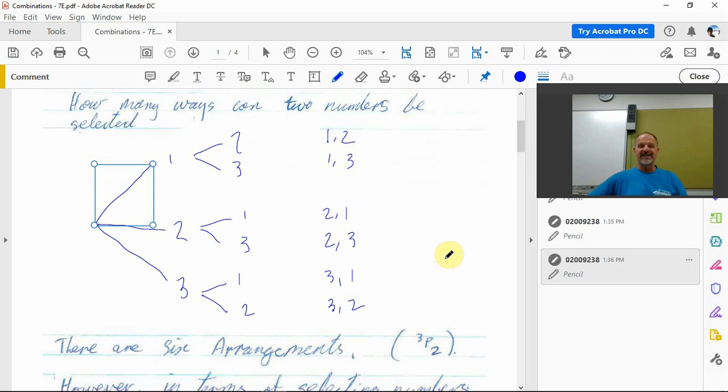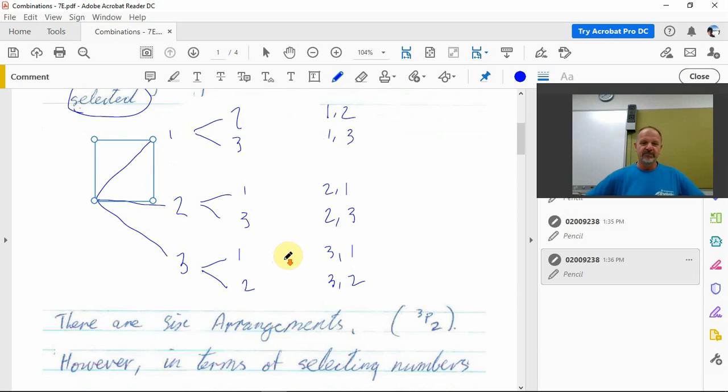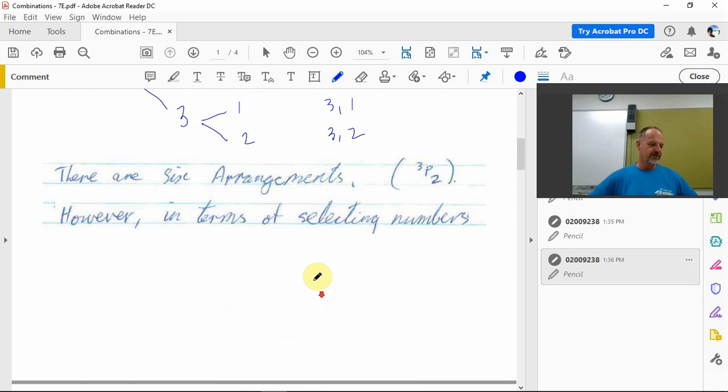However, in terms of selecting numbers, here's the word selected. These are arrangements, how the numbers are arranged, arranging 2 from that 3. But if we're selecting numbers, what's the difference between selecting a 1 and then a 2, or a 2 and then a 1?